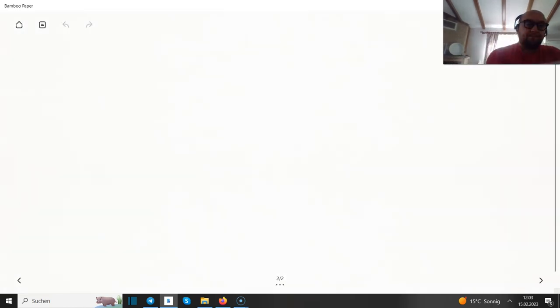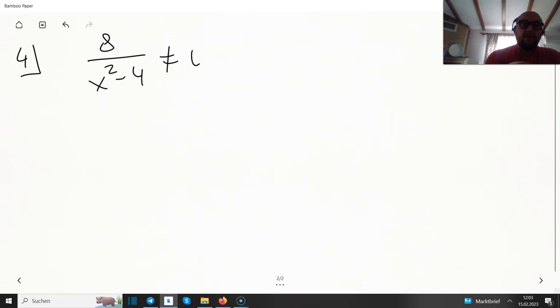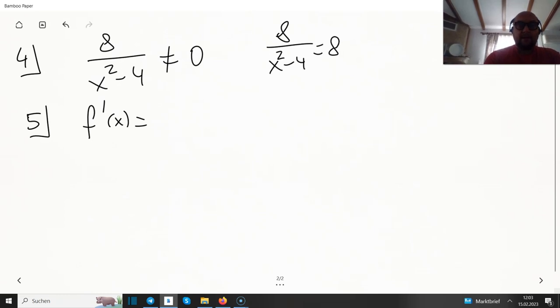Number 4, 0 points. Well, we have none again because the numerator is never equal to 0. First derivative. I'm rewriting 8 divided over x squared minus 4 as 8 times x squared minus 4 to the power of minus 1.